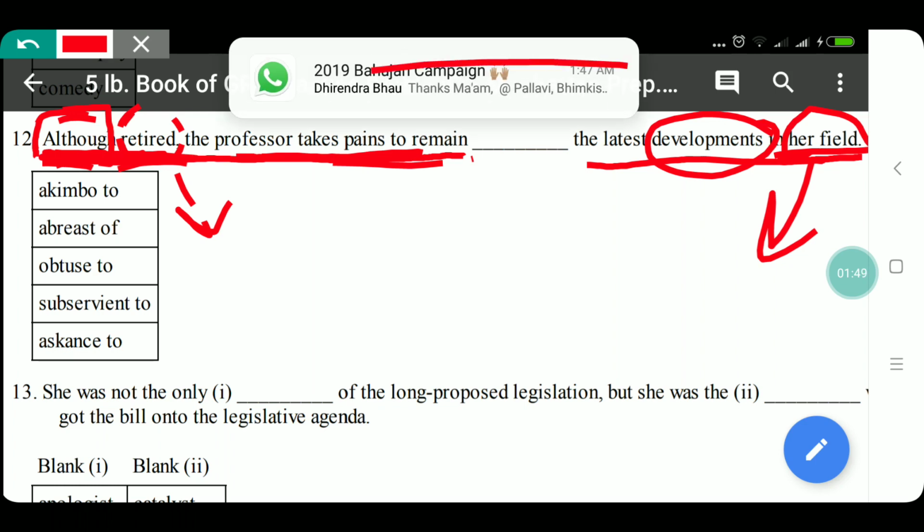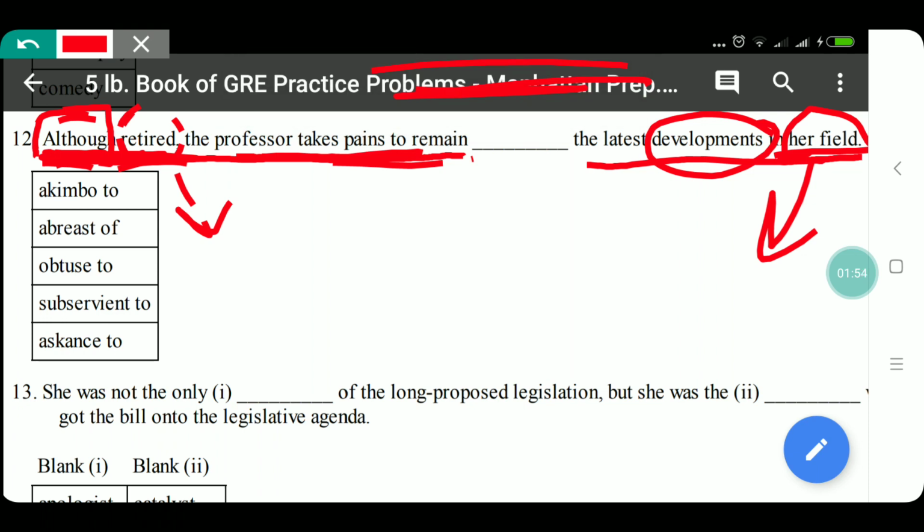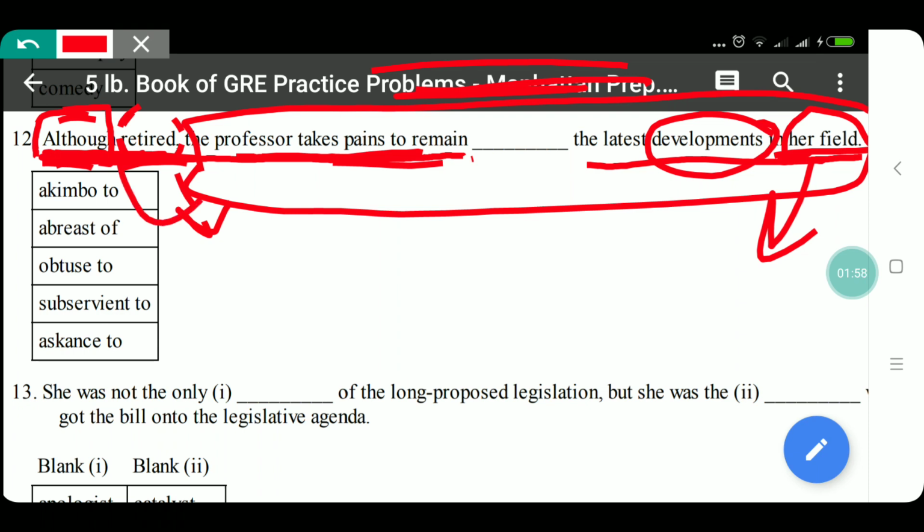The clause related to although is retired. So the next part, in her field, should definitely be something in contrast to the retired word. So in the next part, the professor takes pains to remain dash the latest developments in her field.